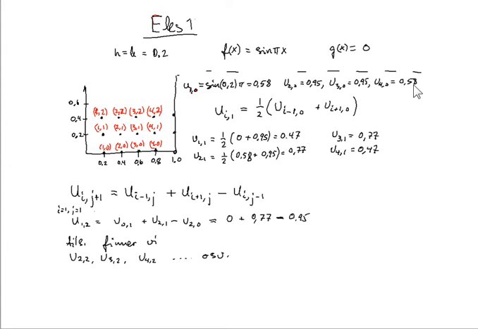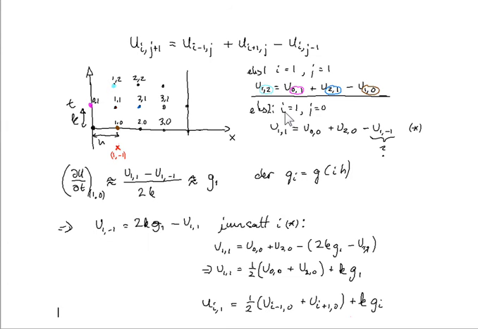Moreover, in order to calculate the points in the first row, we have to use this formula. Recall the following. We proved the following formula for this row. So what does this mean?